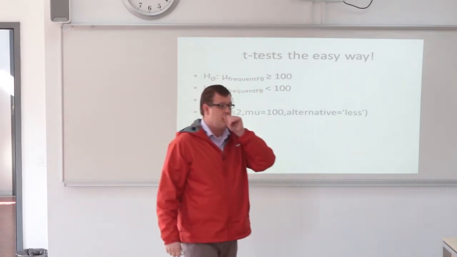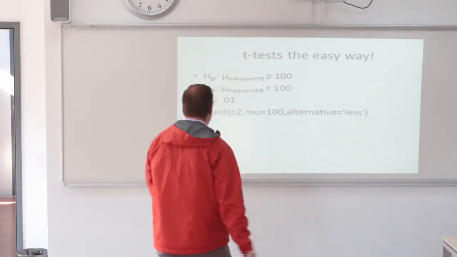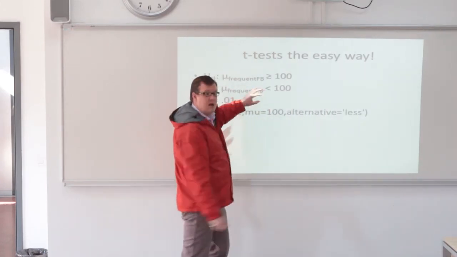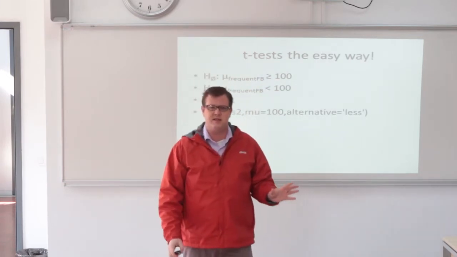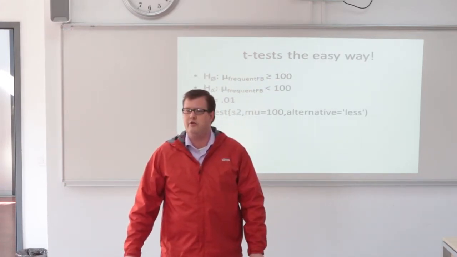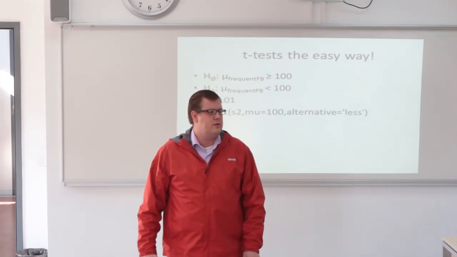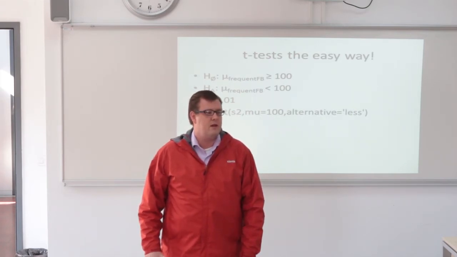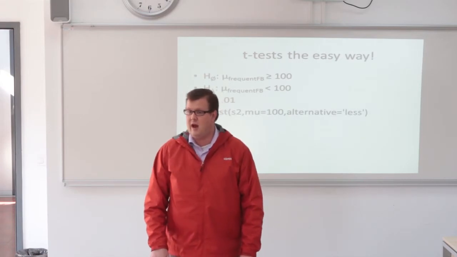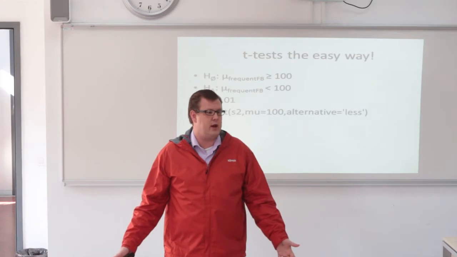Why did I say that the null hypothesis is greater than or equal to 100? He's interested in whether or not frequent Facebook users are less happy than average, right?